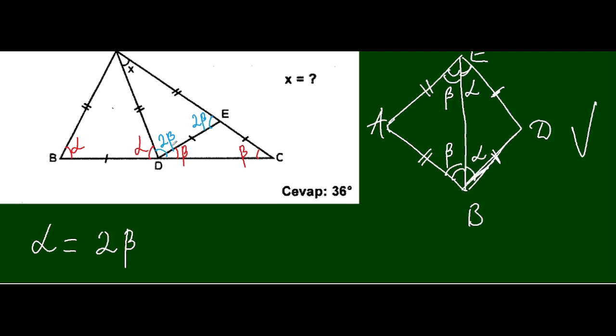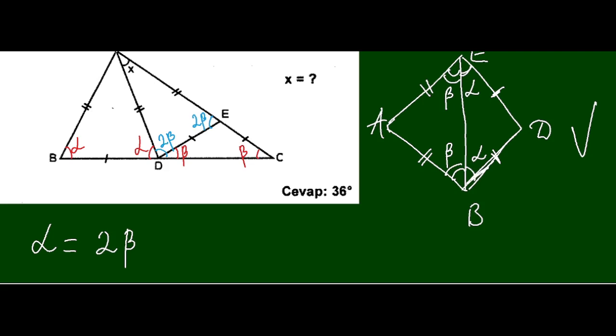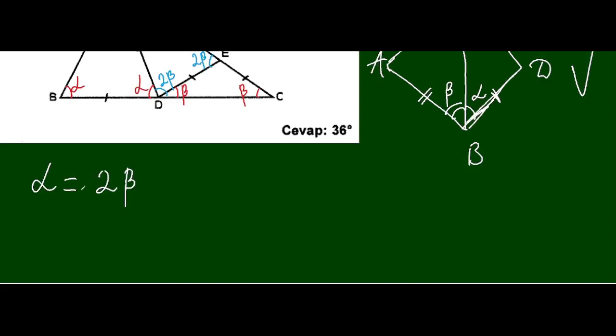It seems easy, but we have to add 2 additional equations to find x, because we don't know alpha, we don't know beta. How to find out? The first one is from the triangle AED, but before saying this, I have to mention that these adjacent angles sum to 180 degrees, so alpha plus 2 beta plus beta has to be 180 degrees.